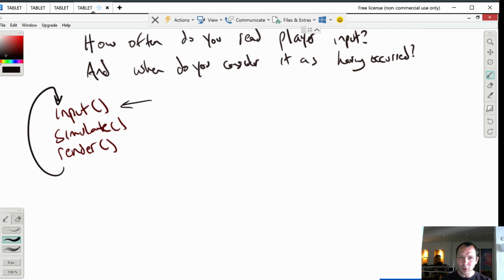When do I consider it as having occurred? Well, usually I don't get timestamps from the operating system about when the input event occurred, right? If I'm on Windows, let's say, you probably don't want to do this if you have a choice, but let's say I'm using WM key events or WM button events or whatever. I don't believe to this day that you can get a reliable timestamp on those.